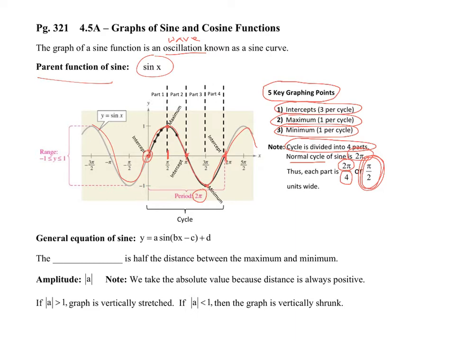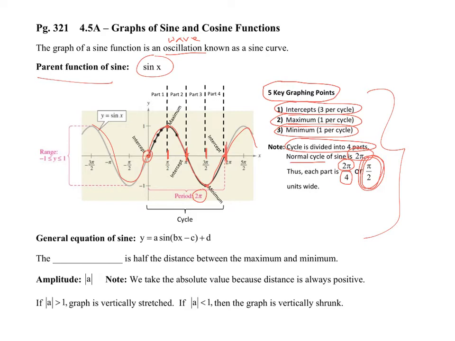Here I have 2 pi over 2. Here I have 3 pi over 2. And here I have 4 pi over 2. So you just need to establish those 5 key graphing points. And you do that by understanding all this information. And it becomes really easy to graph these, what initially look like complicated functions. But it's actually quite easy once you understand what's going on.